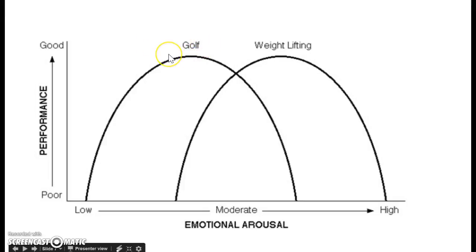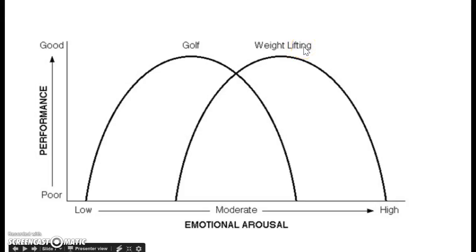In golf, where the intention of the action is to be as accurate as possible, but not necessarily with the maximum amount of muscle contraction, particularly if we're talking about putting, a lower level of arousal is required compared with weightlifting, in which the intention of the activity is to lift the greatest amount of weight possible, and so a higher level of arousal is often required for activities such as weightlifting.